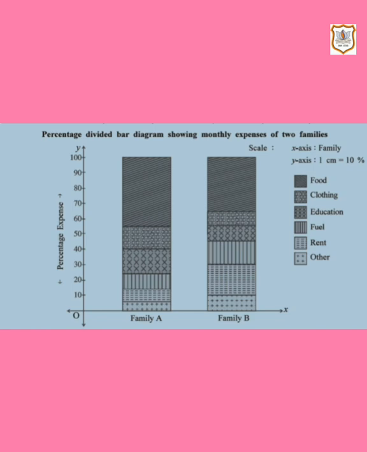So it will be up to 100%. Then food, clothing, education, fuel, rent, other expenses all have different symbols over here. You can see in the diagram. Now let's see what we have taken out as split up line. On the basis of the split up line, we are going to mark all the expenses.